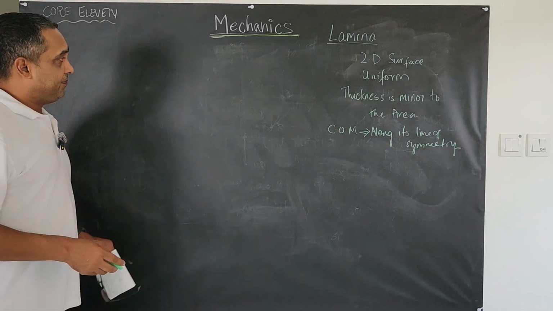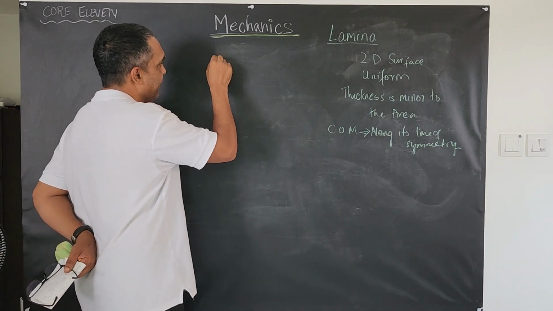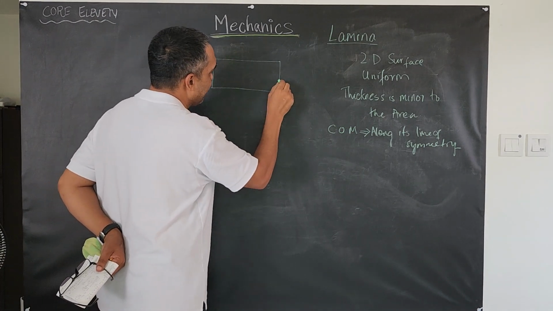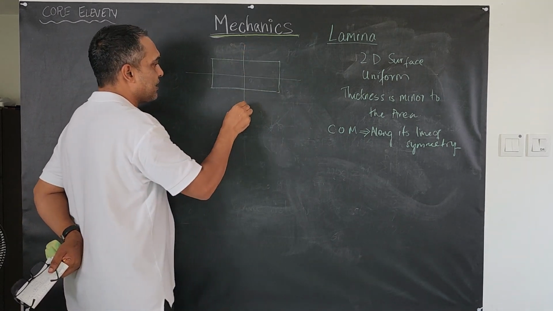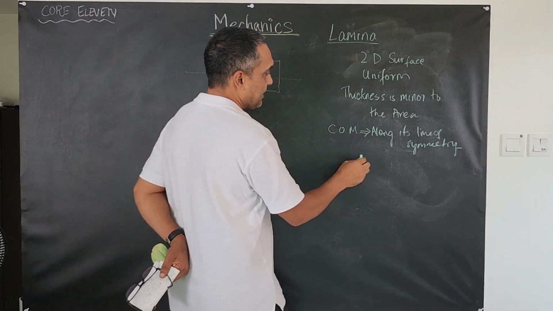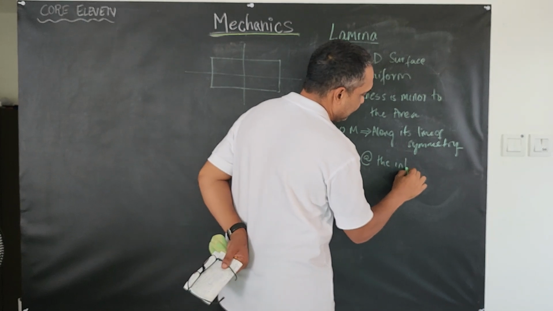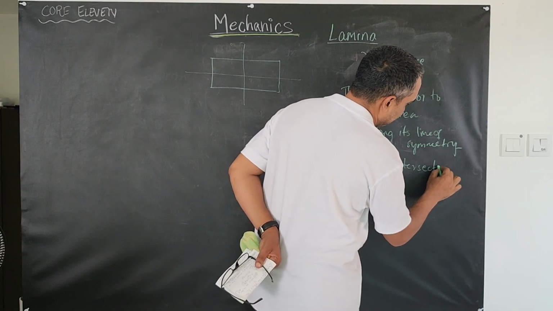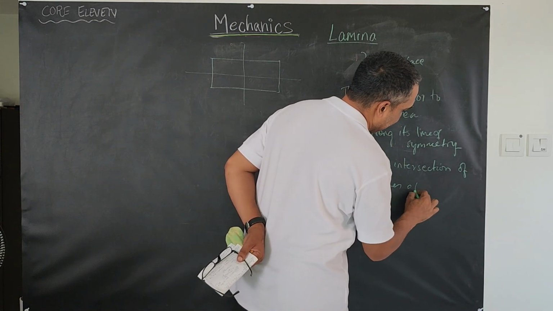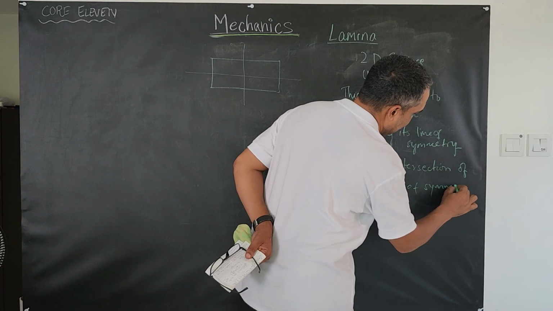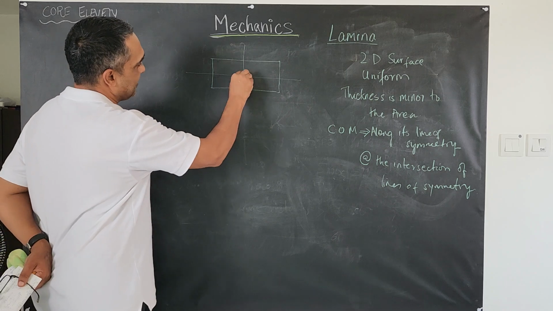So if we have something very easy and straightforward, like the sheet of paper I'm holding, it would be symmetrical about this line, and also have a symmetry around this line, and we'll extend this to say it's at the intersection of the lines of symmetry.